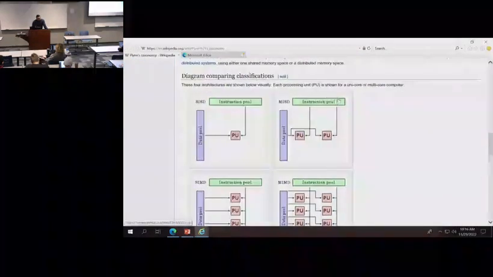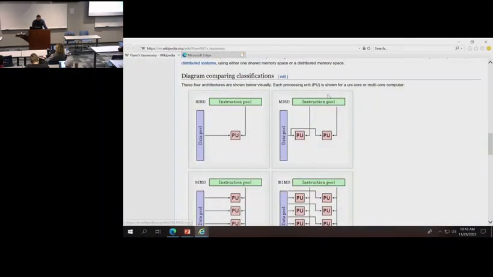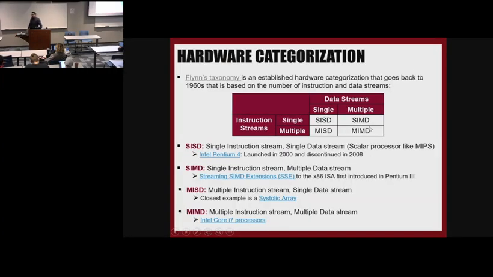You can get more information from that page, and it provides a lot of good information. But I'm going to provide a brief description of each of these categories of computer architectures.